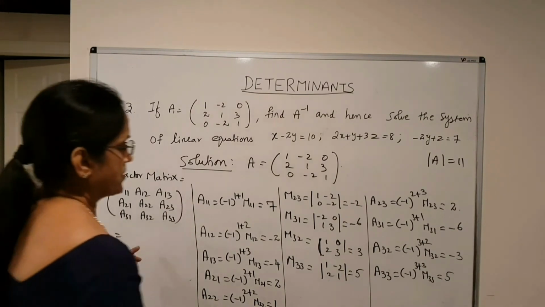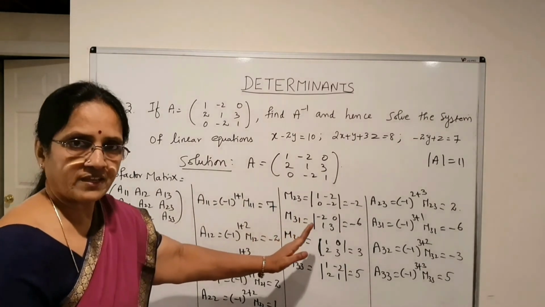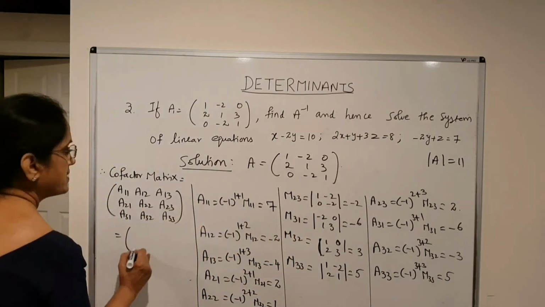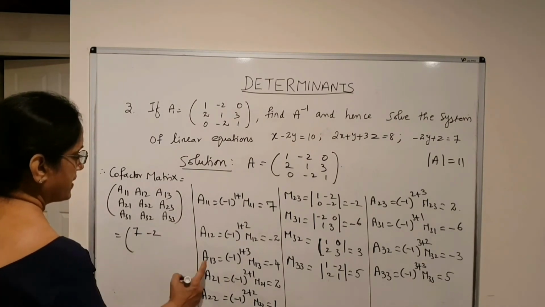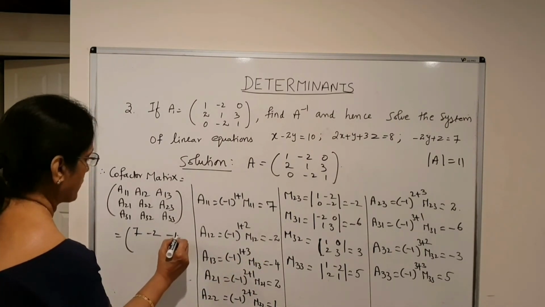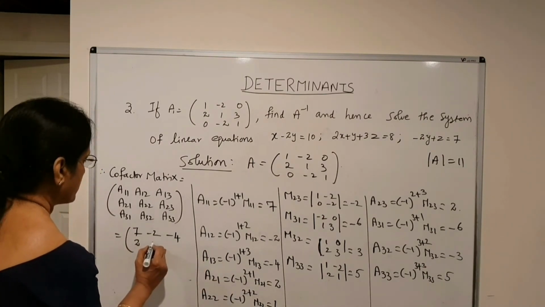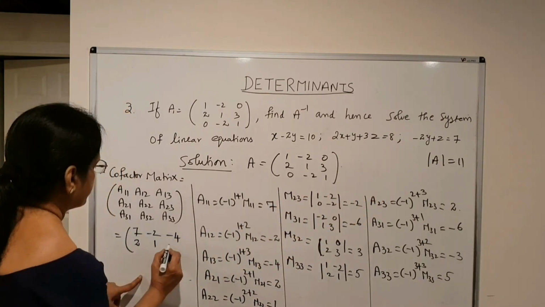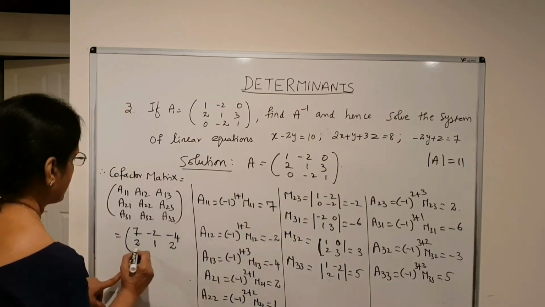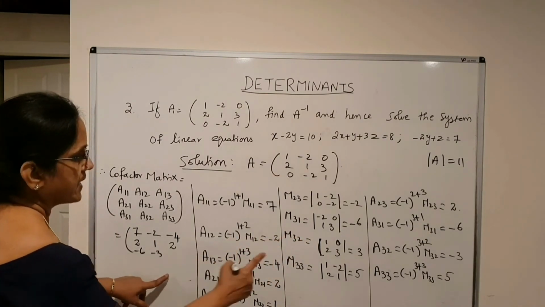Let me substitute the values of A11, A12, A13 and all from what we have calculated. It is nothing but 7. A12 is minus 2. A13 is minus 4. Then A21 is 2. A22 is 1. Then A23 is 2. A31 is minus 6. A32 is minus 3. A33 is 5.